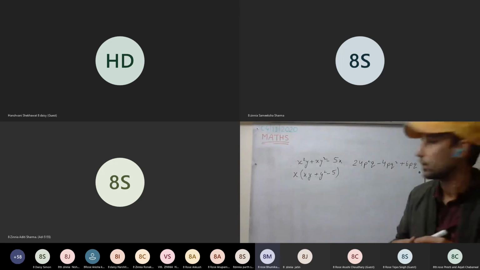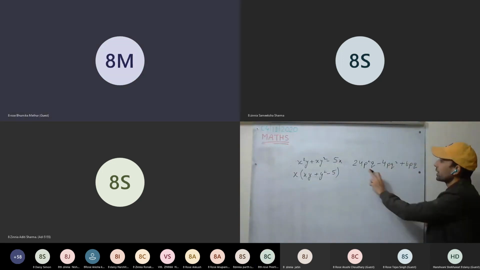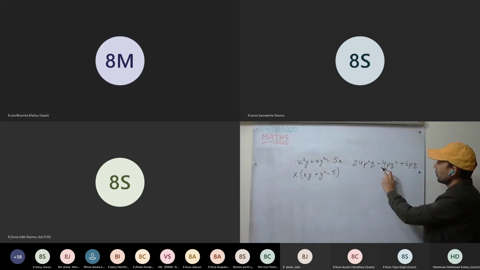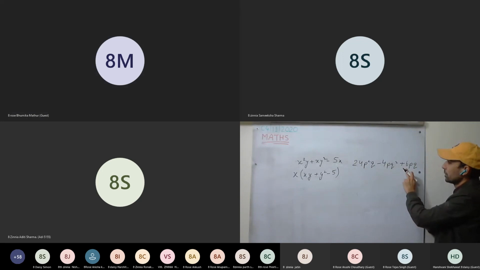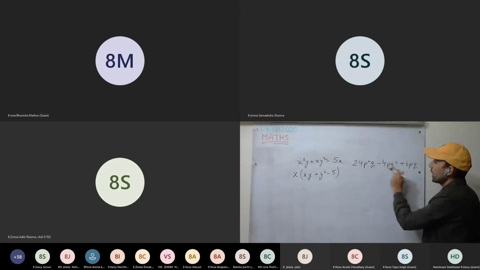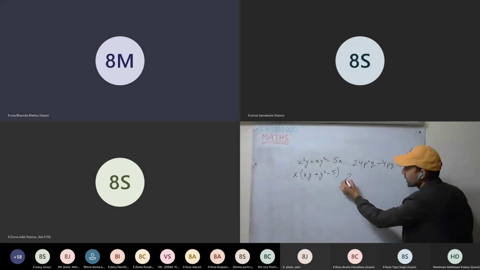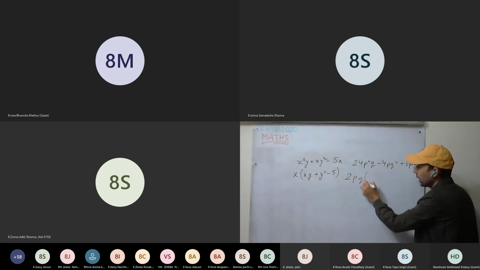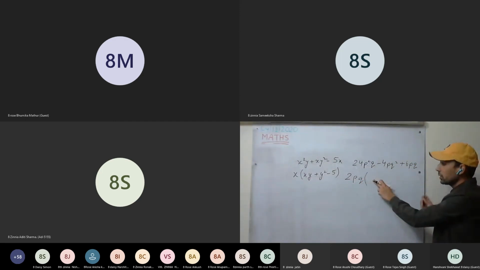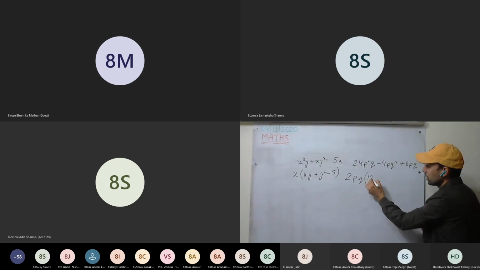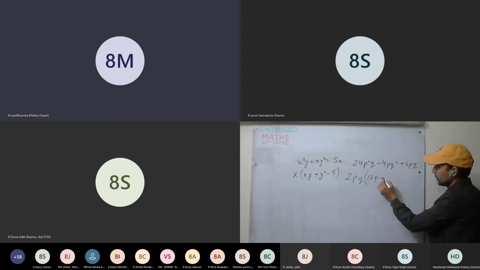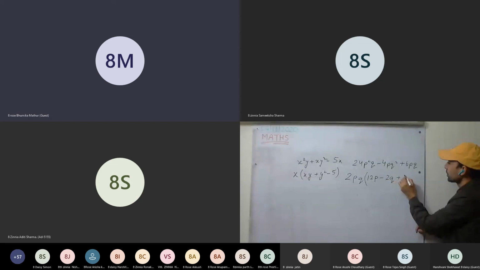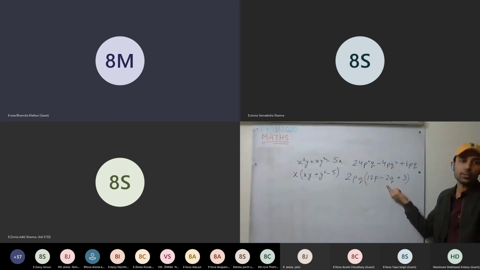Sir, the common factor is 2pq. Okay. See here, 24, 4, 6. So 2 is the highest among the constants. And p square, p, q cube, q square, q. Okay, now each time you divide, what will be the answer? 12pq square minus 2q plus 3. So this is the answer, okay?